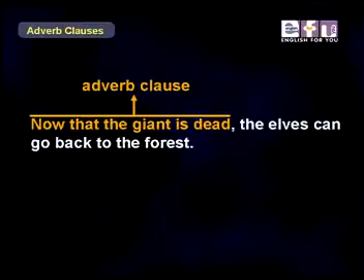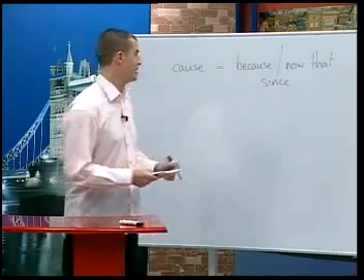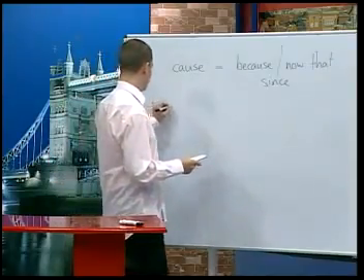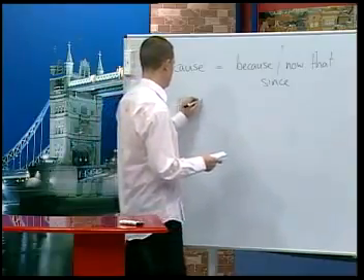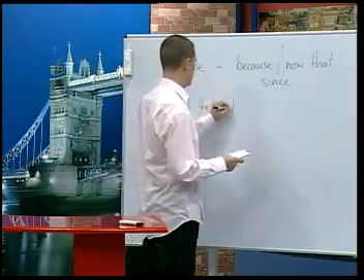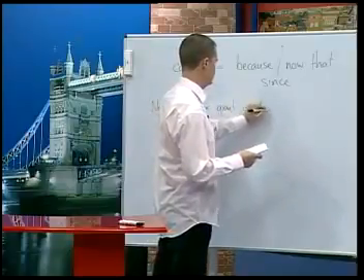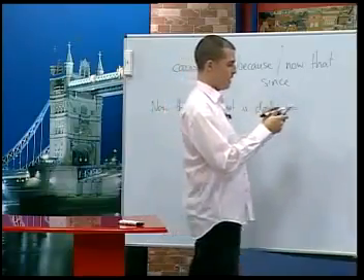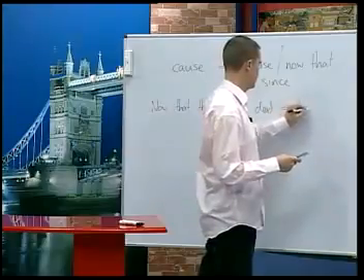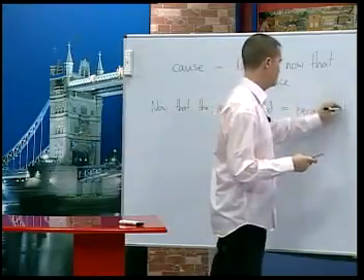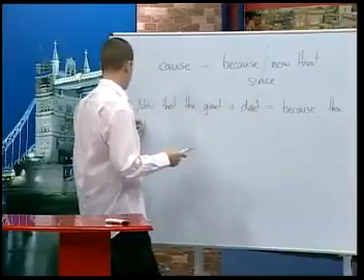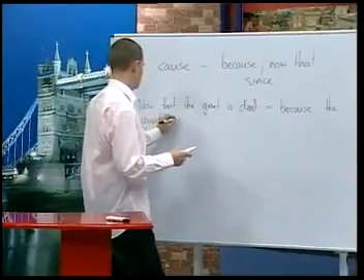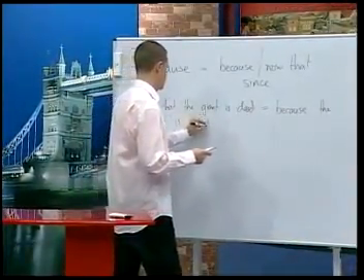In the second sentence, now that the giant is dead is the adverb clause. Now that means because now. So now that the giant is dead means because the giant is dead.